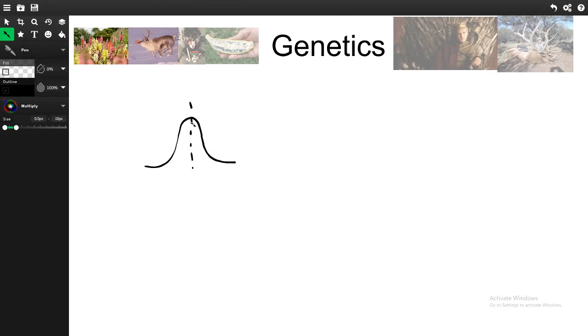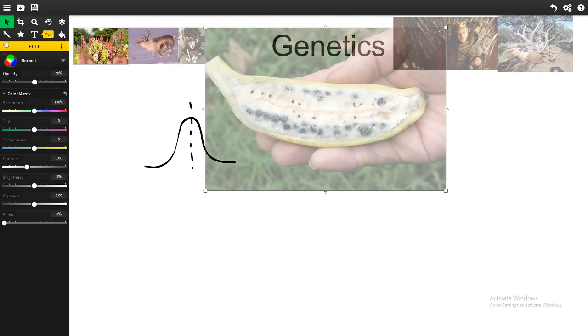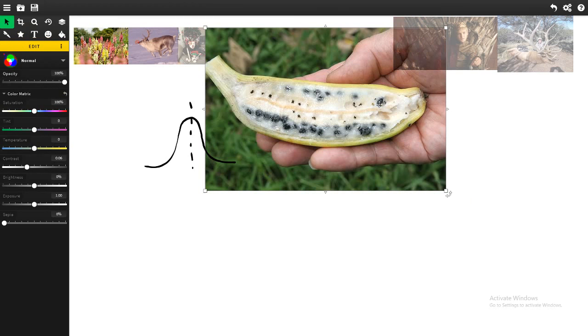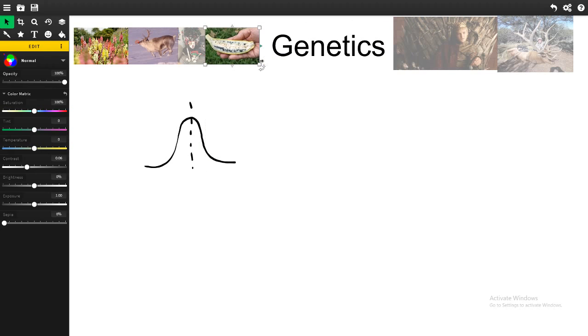With heritability, let's start off by saying that directional selection can actually produce phenotypes outside the range of the original species. So for example, something like this. This is a wild banana, not something that I would be too excited to eat.